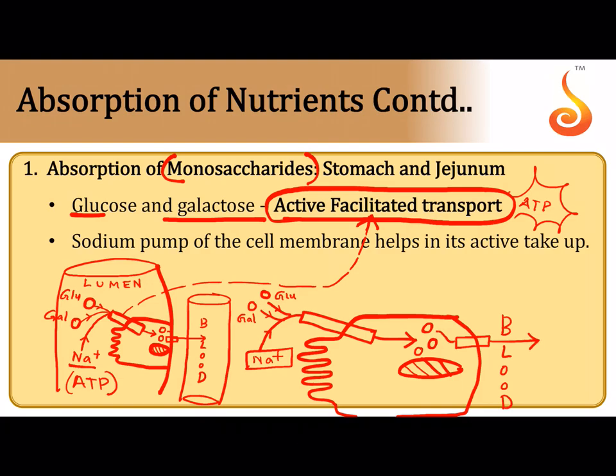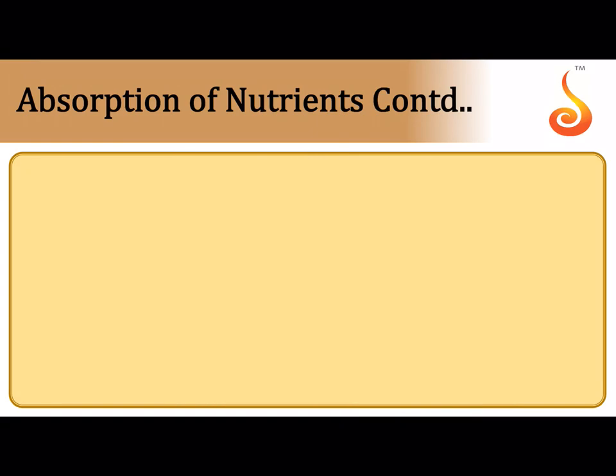So here it is passive because there is no involvement of sodium. So from the cavity of the intestine into the cell, it is active facilitated transport because there is use of Na+, and wherever Na+ is entering, there is use of ATP. And from the cell into the blood vessel, there is no use of Na+, but there is a use of carrier transport. So we should use the word passive, but since carrier protein is involved, it is referred to as facilitated transport. Okay.